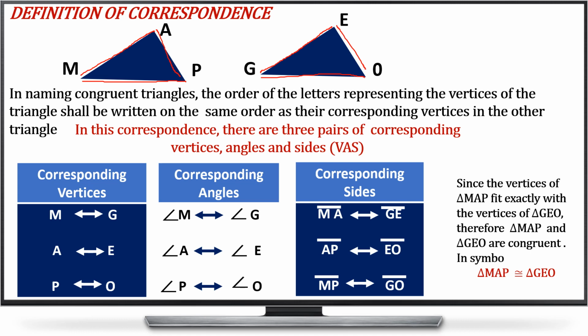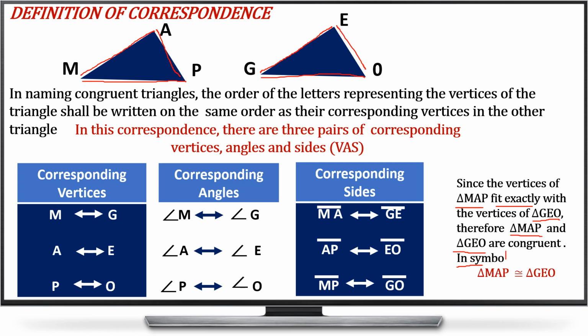So let's have this very important. Since the vertices of triangle MAP fit exactly with the vertices of triangle GEO, therefore, triangle MAP and triangle GEO are congruent.